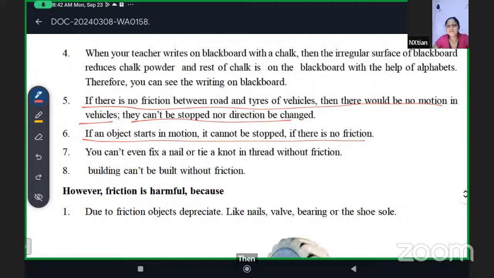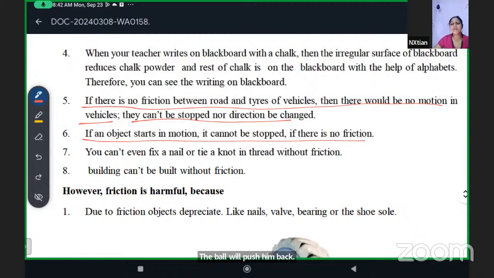If the ball was coming at full speed and there wasn't any friction, and the person tries to stop the ball, would he also go with the ball? Would the ball push him back? Yes.